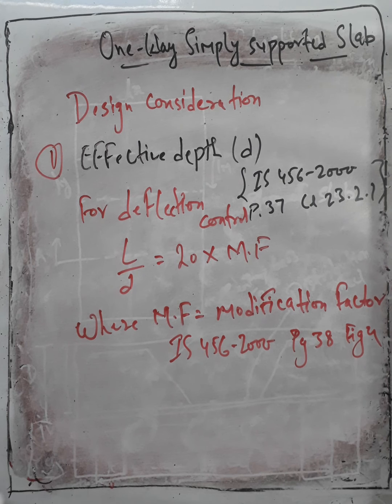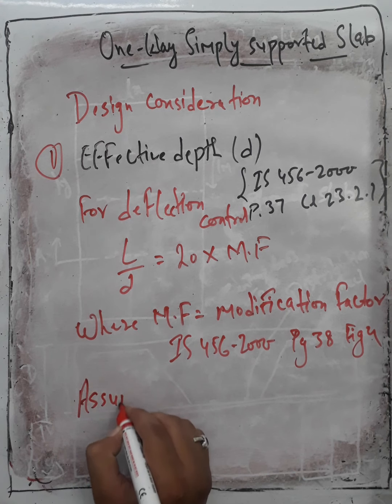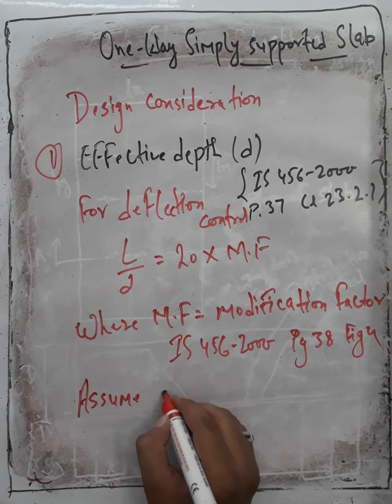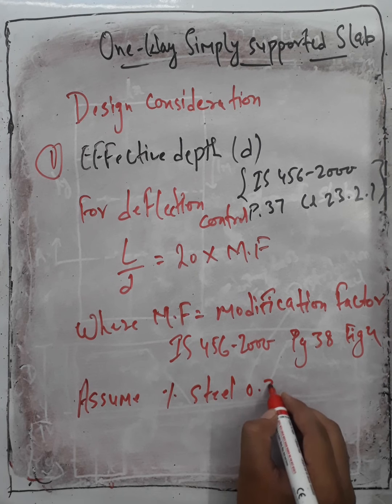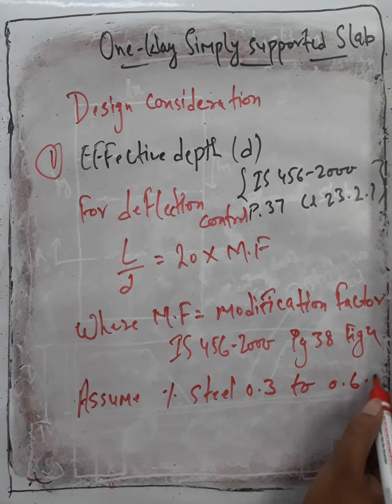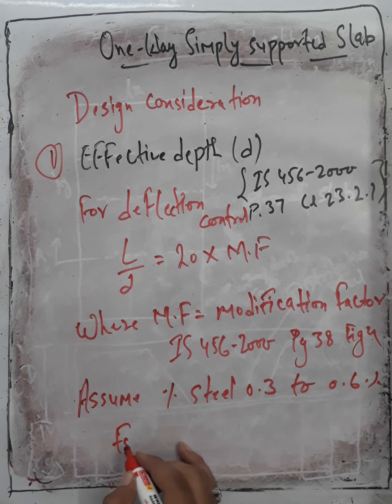If nothing has been given here, then you have to assume percentage steel 0.3 to 0.6%, because for finding the modification factor, figure number 4 gives one formula.